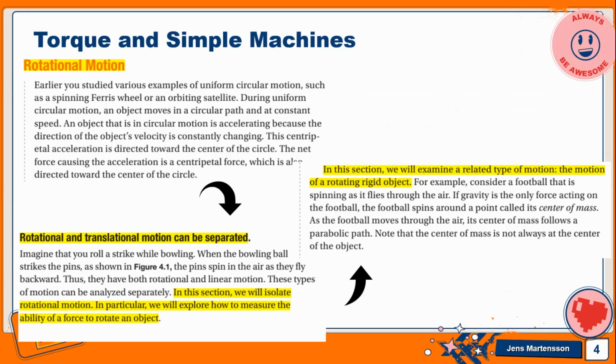So you need to twist your wrist to open a bottle. That is another example of torque. You do that every day. Remember the video I sent you about what is physics? We are surrounded by physics, but we are just not aware of that yet. In this section, we will examine a related type of motion, the motion of a rotating rigid object.